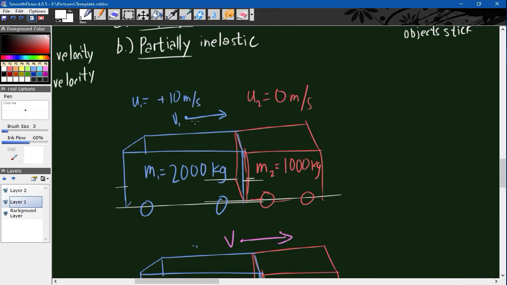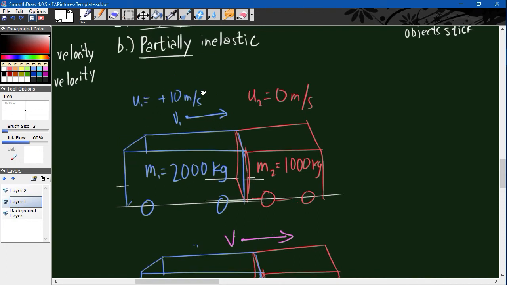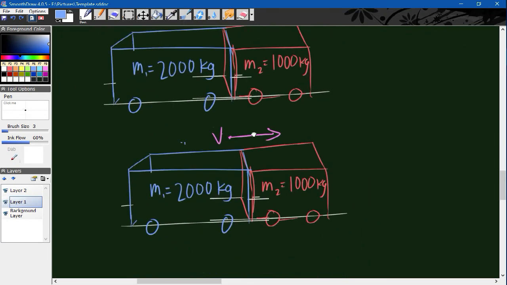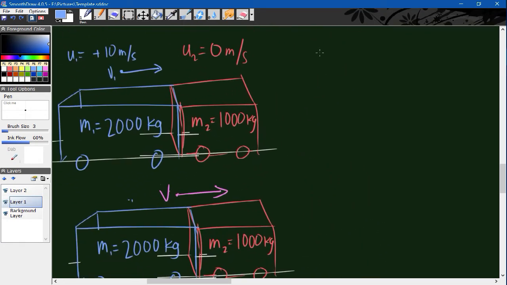Let's first calculate the original momentum of the blue car and the momentum of the red car.